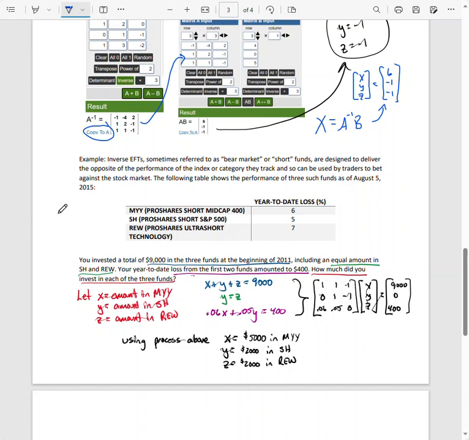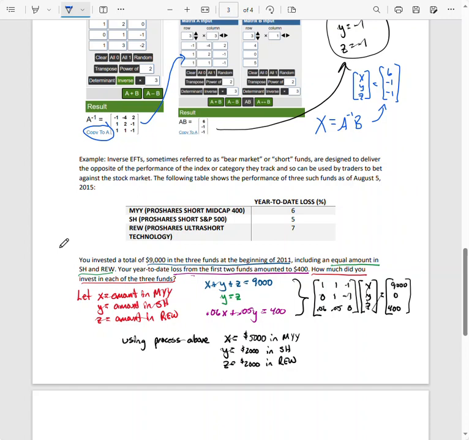Perhaps you thought its market shares would take losses on the transfer of ownership. Maybe not, whatever. The following table shows the performance of 3 such funds as of August 5th, 2015, nearly 10 years ago. Year-to-date loss in a percentage. So this is a percentage loss, 6, 5, and 7% for these 3 funds.